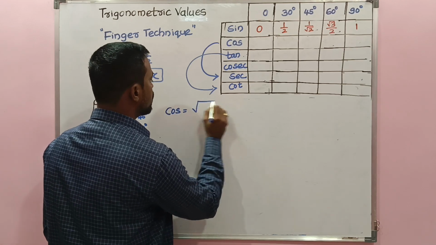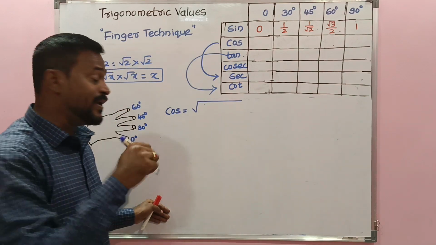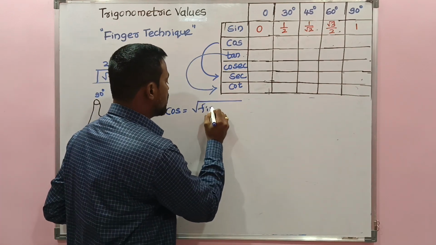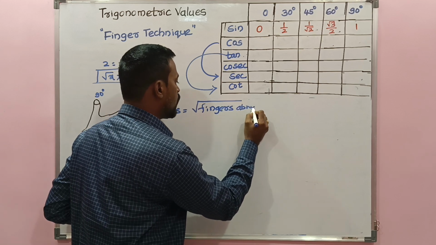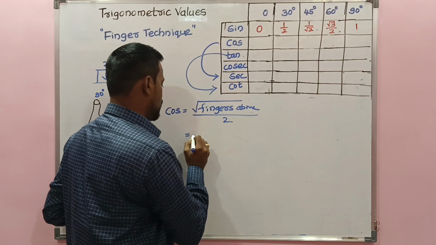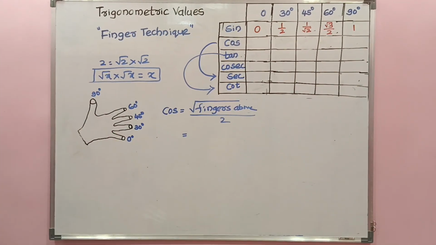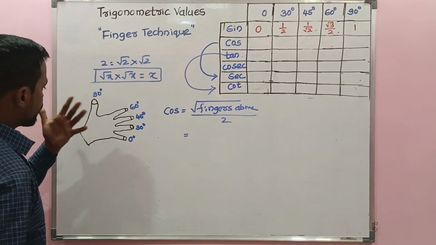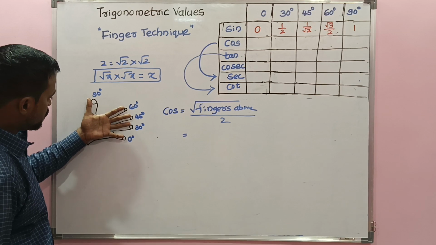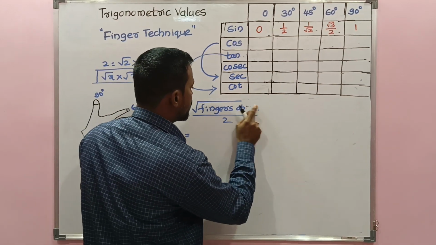You can remember under root of, earlier it was fingers below, now this is going to be fingers above, divided by 2. Now you tell me, fingers below, how is it going to be now? So I'll fold, so this is fingers above, remember.